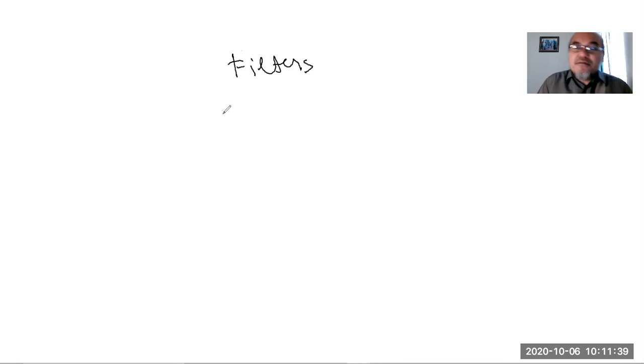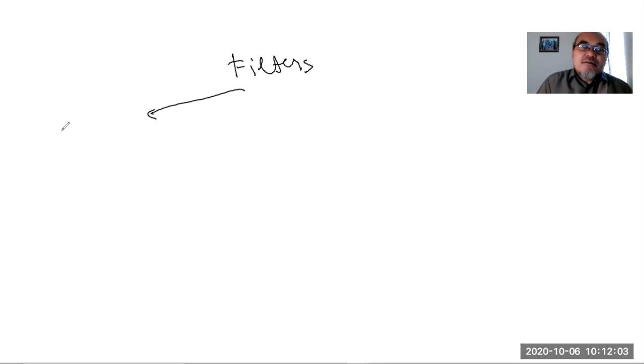Most biomedical circuits use low pass filters because most biomedical signals are low frequency, maybe maximum 100 hertz, except for the brain signal. Brain signal is maybe one of the biomedical signals that has very high frequency, in the range of kilohertz.